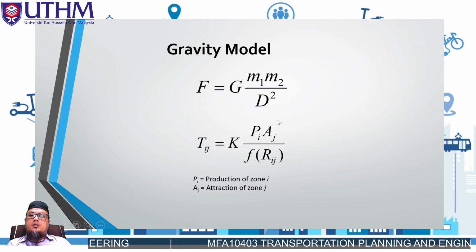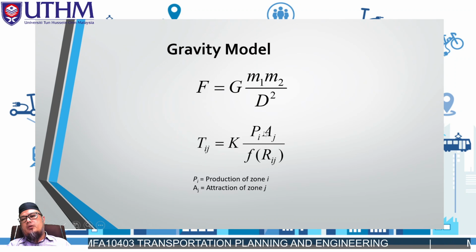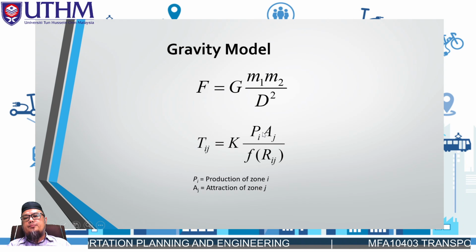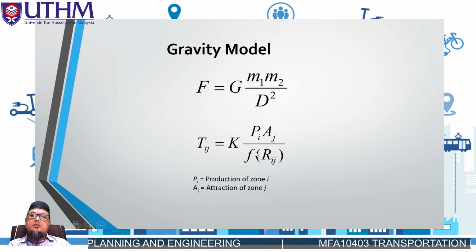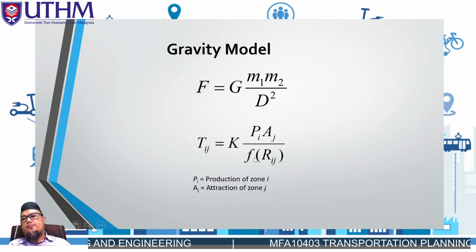The basic formula that we're going to use in this trip distribution is a gravity model. They were inspired by the first gravity model, but we transform it into a trip model. So we have a trip, also the production and attraction. This K is the constant, multiplied by attractiveness or the function that relates to the trip.